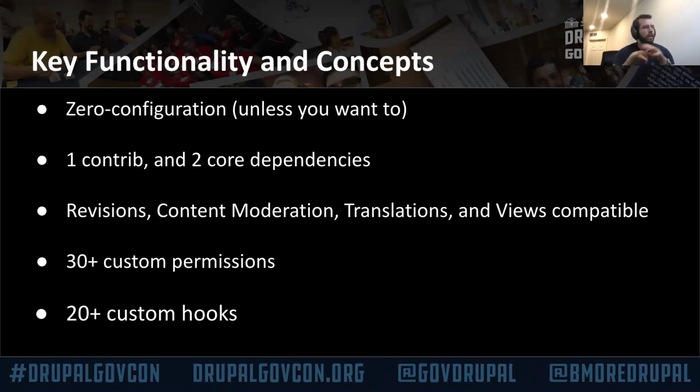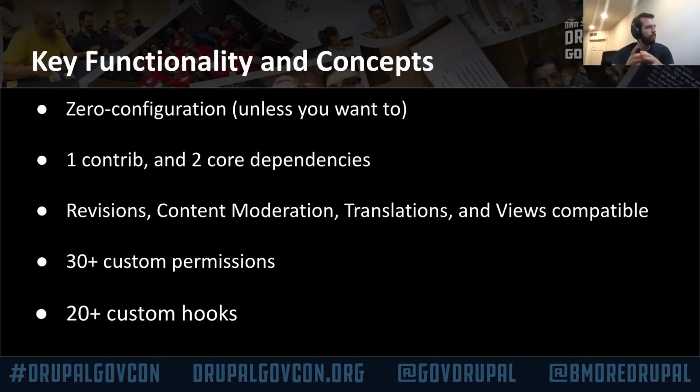I'll go into a little bit of that in a moment, but there's one contrib module dependency and there's two core module dependencies. We really wanted to make sure that you didn't have to have views, for example. You didn't have to have any particular core module or contrib module, and we reduced those down as much as we possibly could.